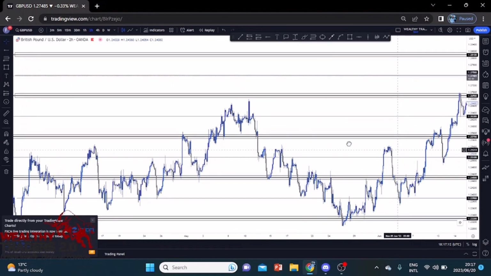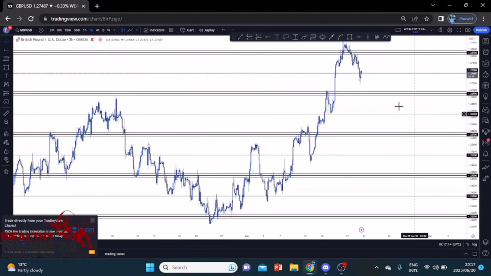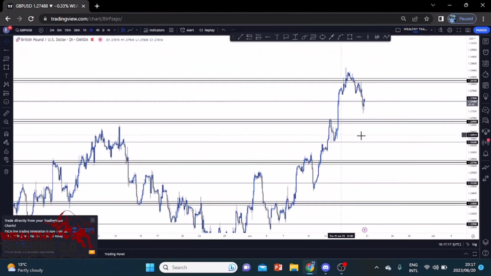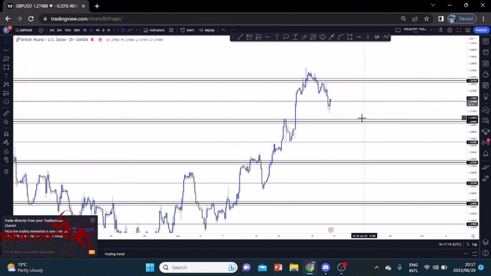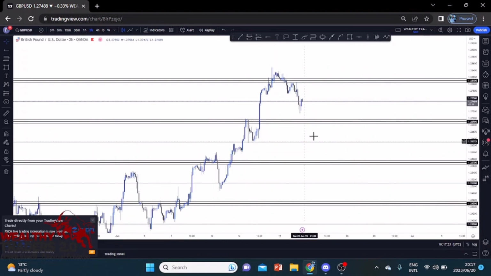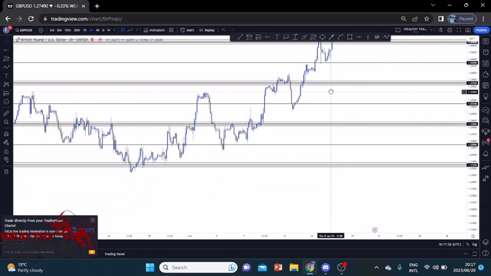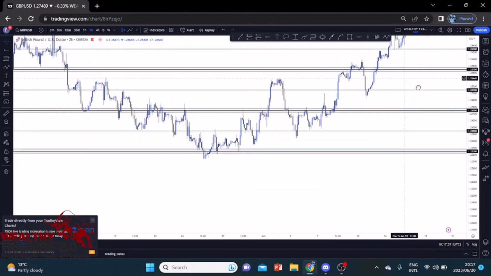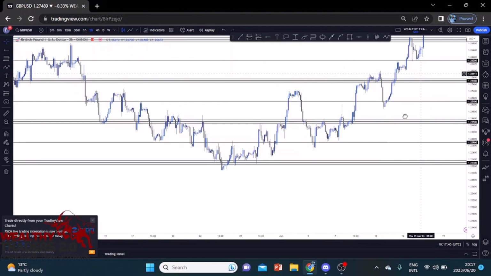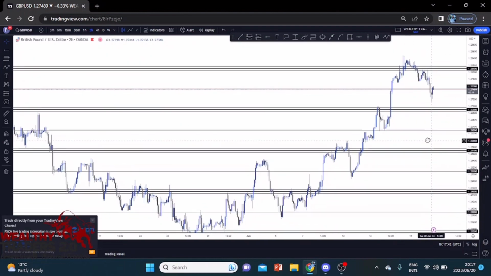Our middle psychological levels are where the market will retest. Just like here, the market broke this area, came to our major, retested our middle, then went to the upside. Most of the time the price is retesting our middle psychological level.